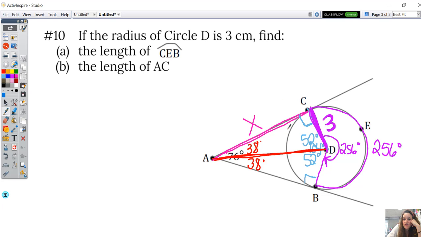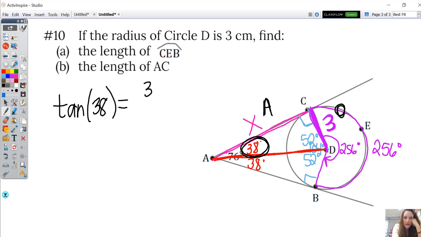So I have these right triangles, and I know a side length and the angle, so I can use SOHCAHTOA. I can use trig to find my missing side. So if I'm going to use 38 as my angle, opposite of 38 is 3, and then my adjacent side is x, and I am going to use tangent of 38 equals the opposite side over the adjacent side. x times tangent of 38 is equal to 3.